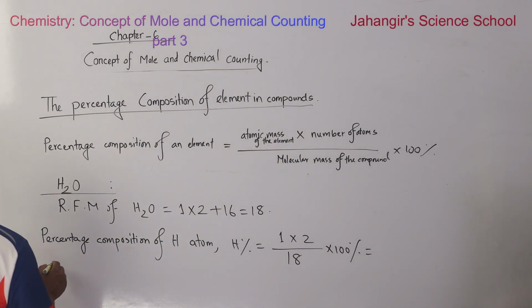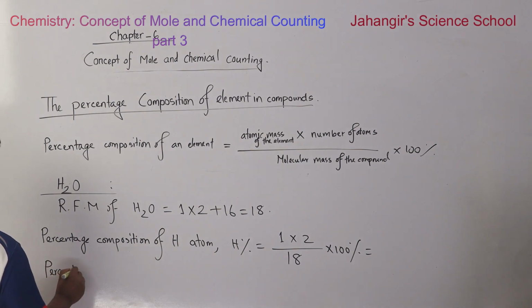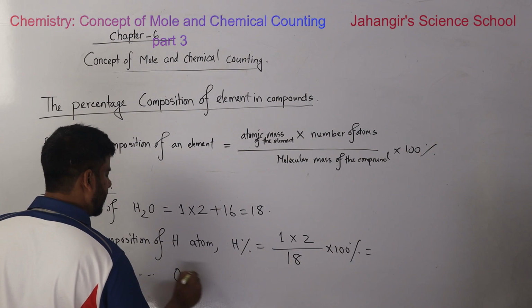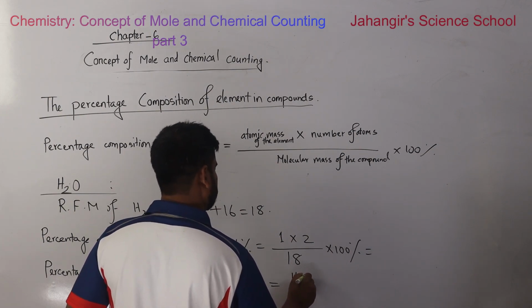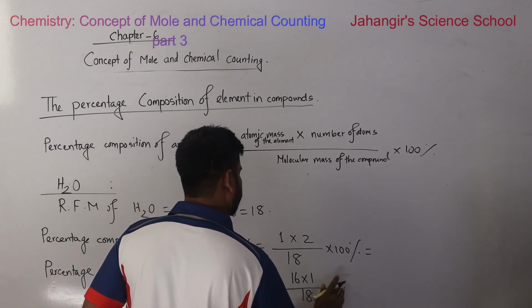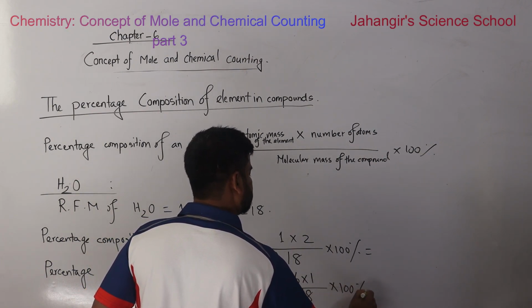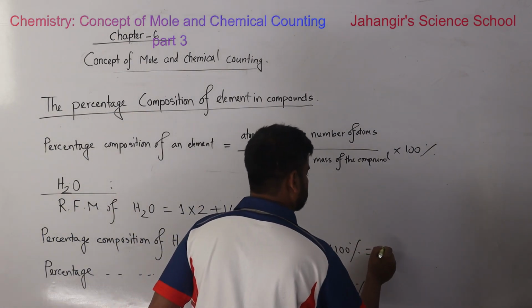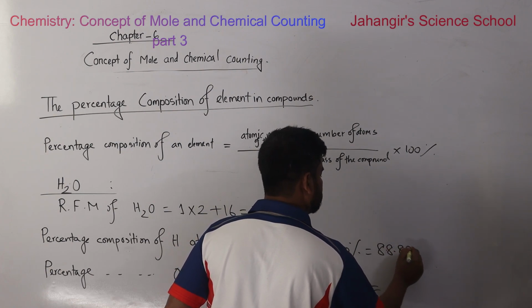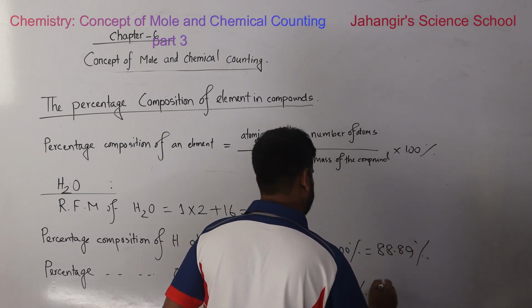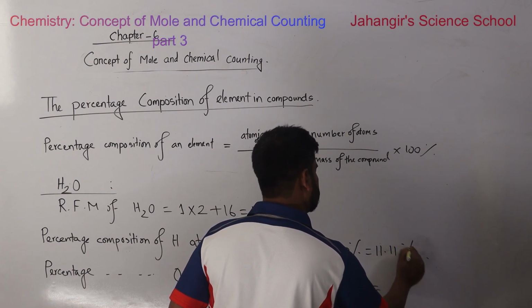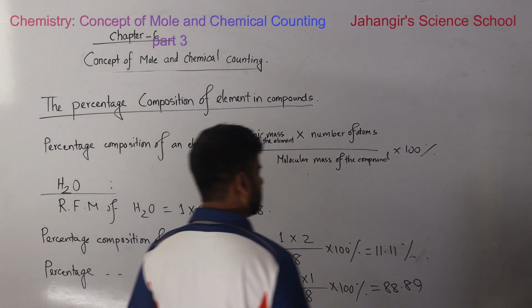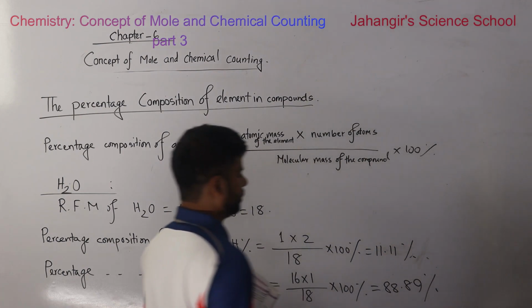This is the formula. And the percentage composition of oxygen is 16 times 1 divided by 18, times 100%, which is 88.89%, and here 1.11% is hydrogen.